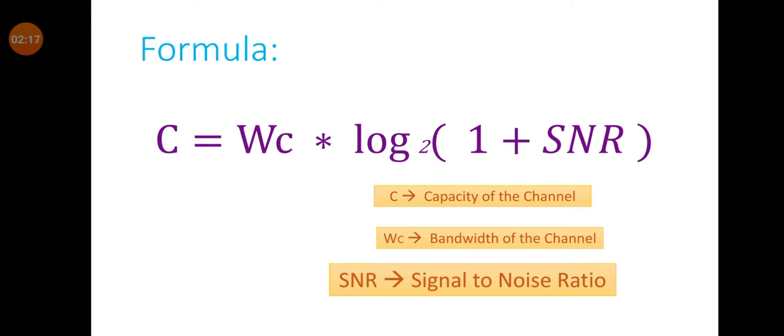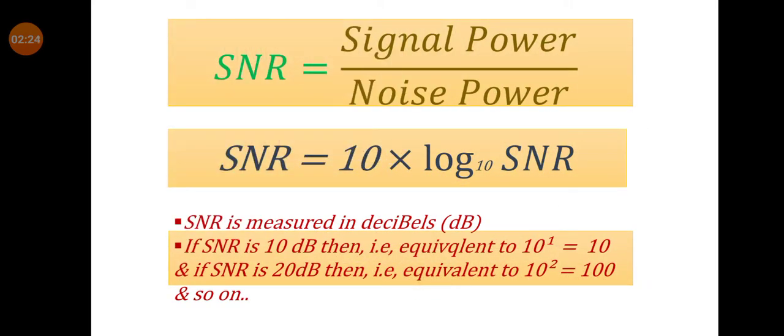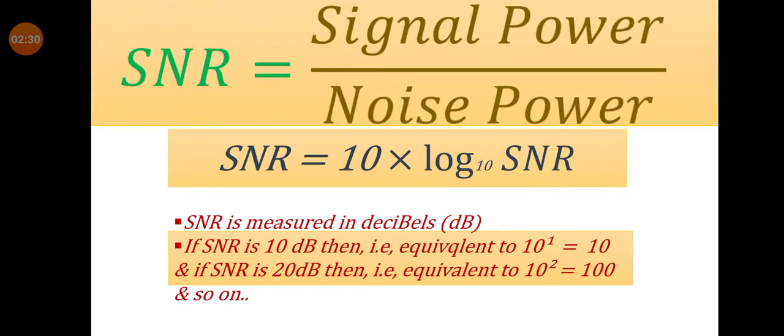By using these three terms we can form the formula. Now let's see what SNR is. SNR is signal to noise ratio, and its formula is signal power divided by noise power.